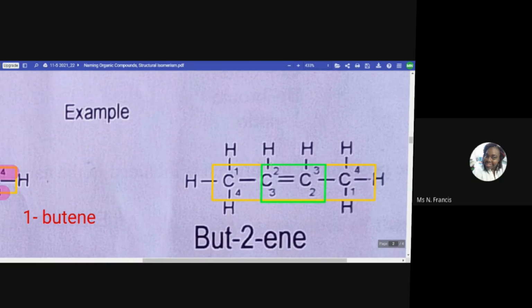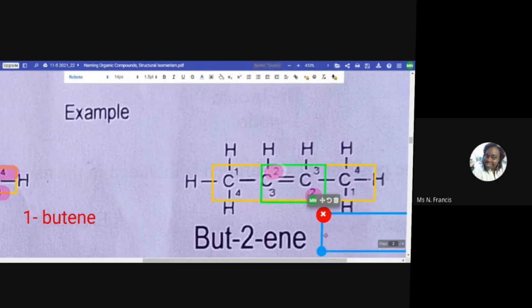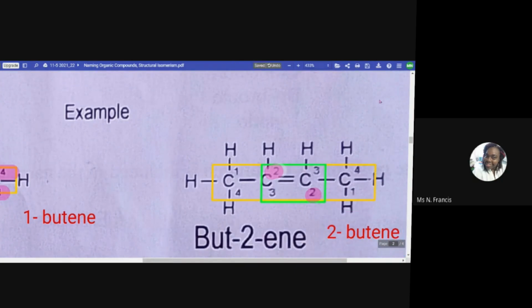Our lowest number here is number 2. See there? So that's the lowest number that we have, 2. So this now becomes but2ene, or what else can I write it as? Excellent. I can name it 2-butene.